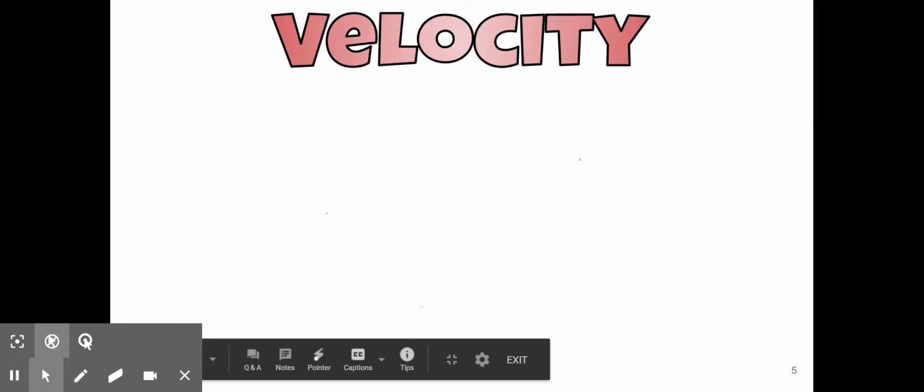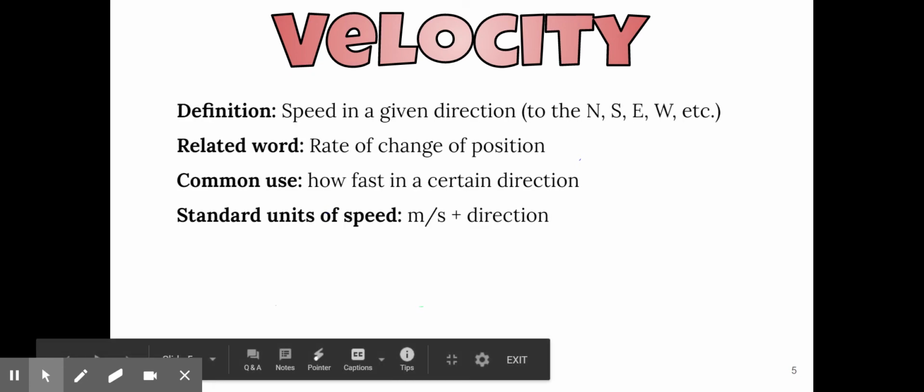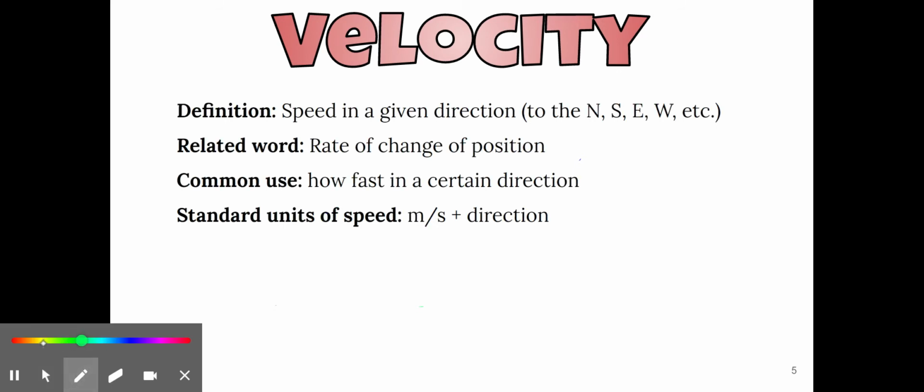So we know speed now is equal to distance over time. What's the difference between speed and velocity? Well, the difference is that it's still your speed in a given direction, but the key piece here is that it has direction as a part of it. So velocity is still a rate of change in your position, but we include what direction we are going in.